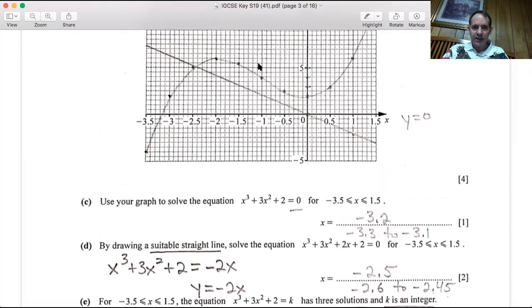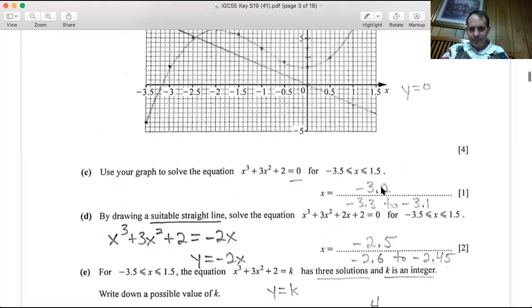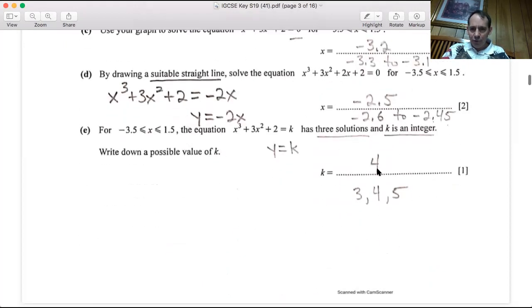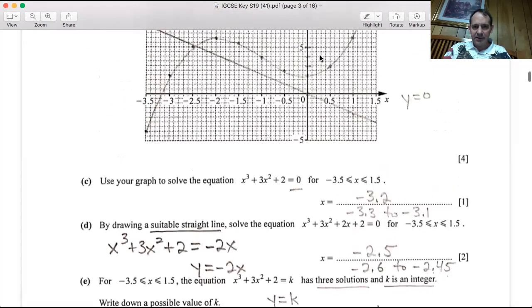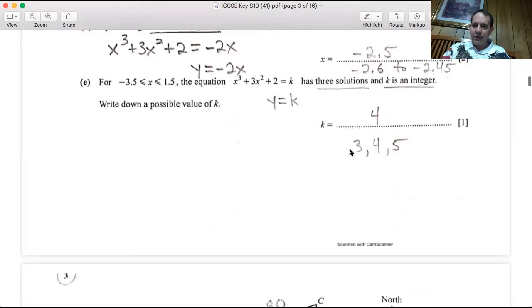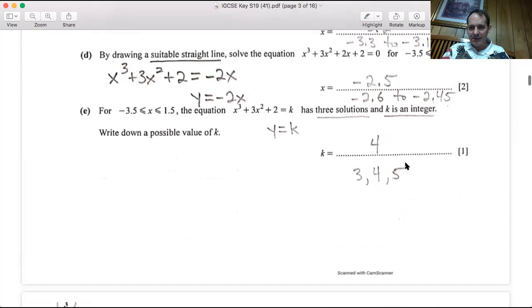If I follow it across, here's 1 intersecting point, 2, 3. If I take 4, here's 1, 2, 3. So I chose 4 because it's right in the middle. It's obviously got 3 intersecting points. They allow either 3, 4, or 5.